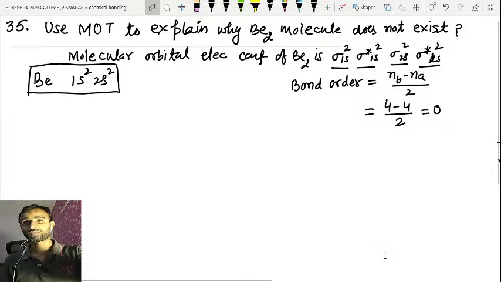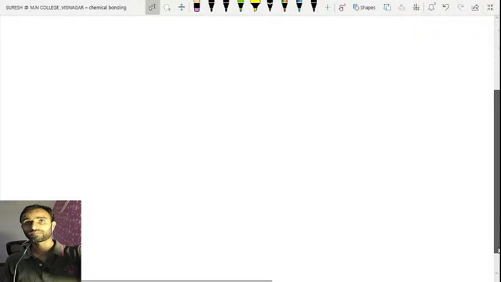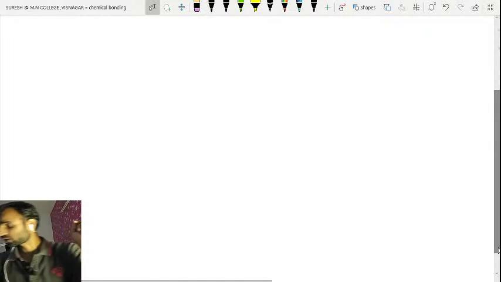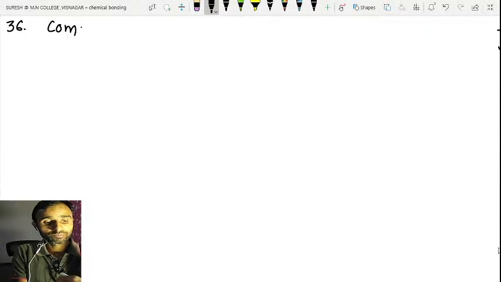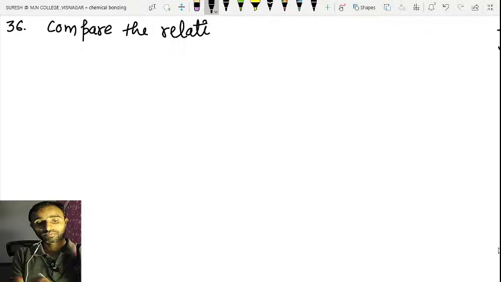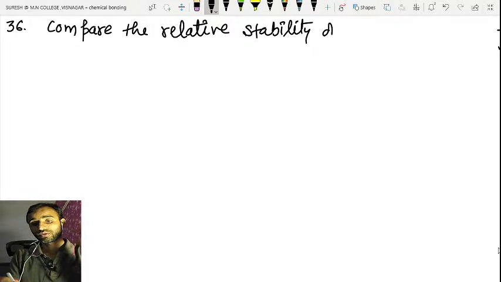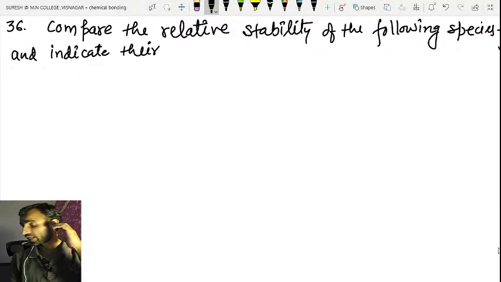Okay, so now question number 36. In 36, compare the relative stability of the following species and indicate their magnetic properties.